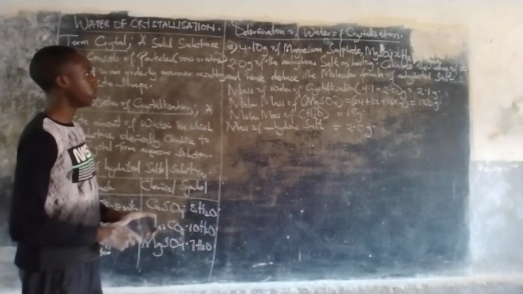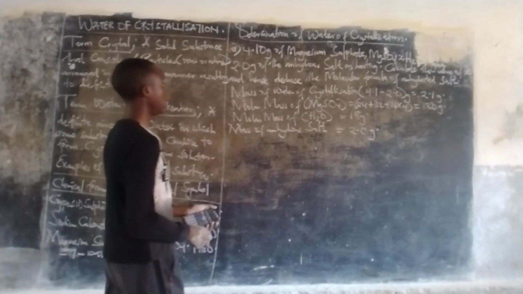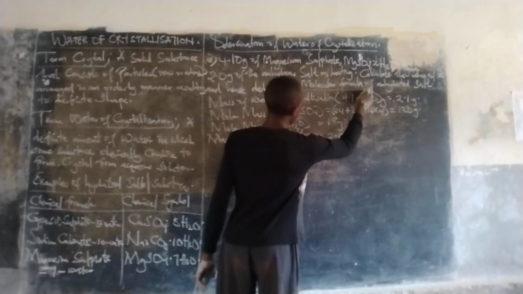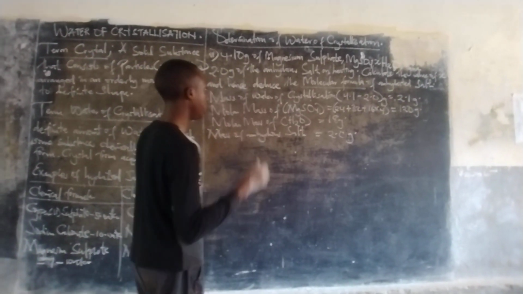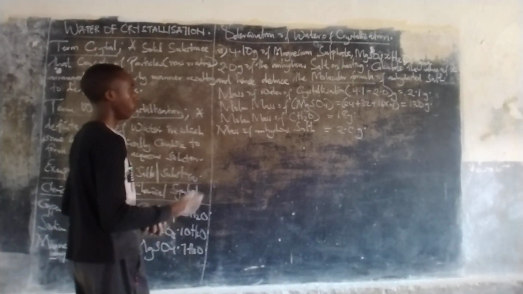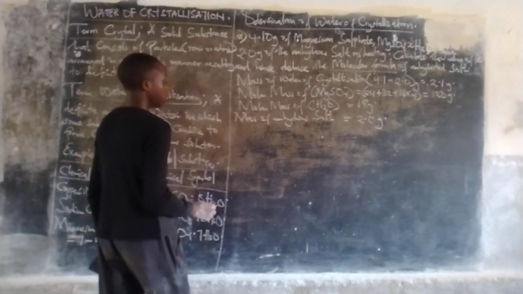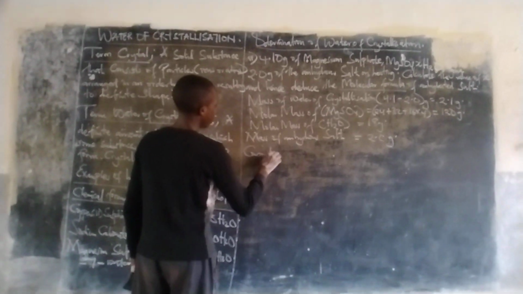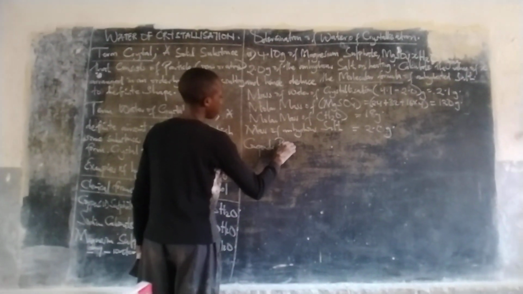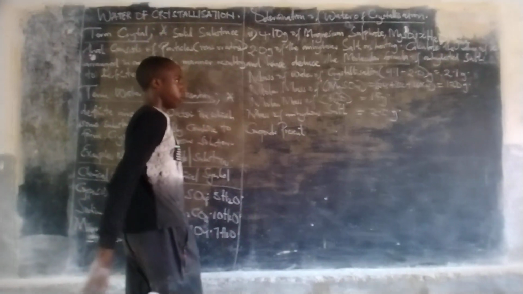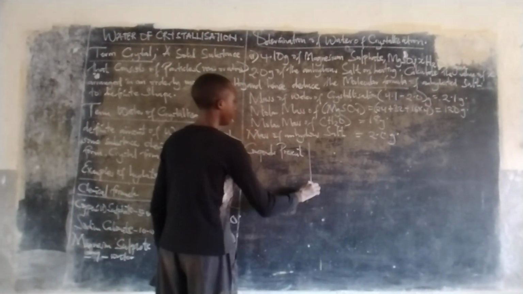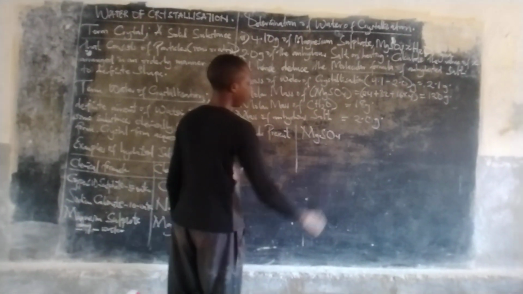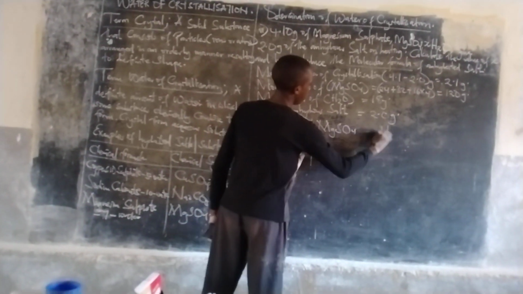After collecting your data like that, they are telling us to hence deduce the molecular formula. That means my thinking, I will go straight away on how to find the molecular formula. So I go here on the compounds present. We have the magnesium sulfate, and we have also that of water.